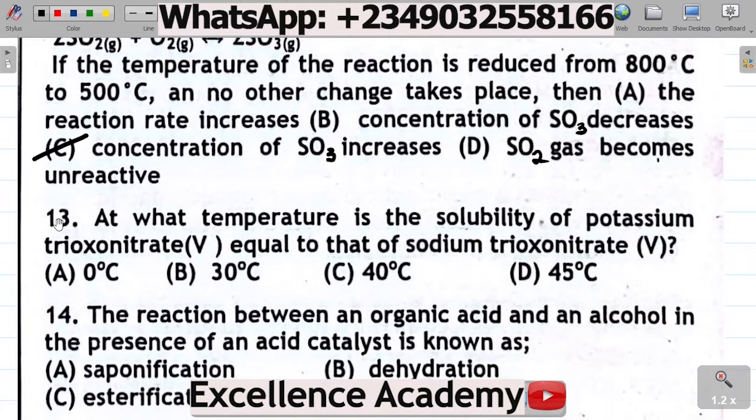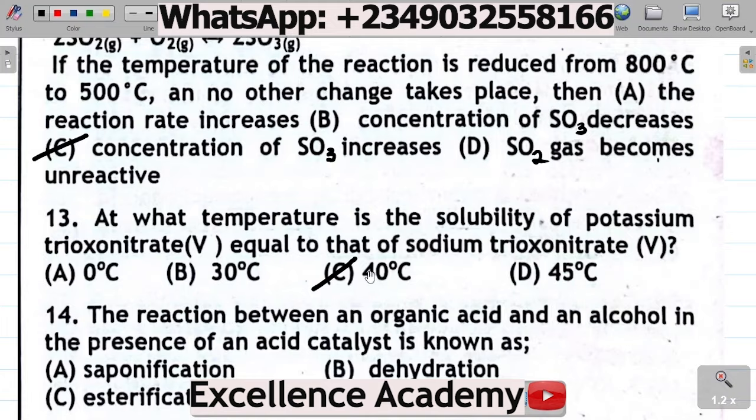All right, question number 13. 13 says, at what temperature is the solubility of potassium trioxonitrate V equal to that of sodium trioxonitrate V? A, 0 degrees Celsius, B, 30 degrees Celsius, C, 40 degrees Celsius, D, 45 degrees Celsius. For this question, the correct answer is C, 40 degrees Celsius. And we know this because there's something called the standard solubility curve.